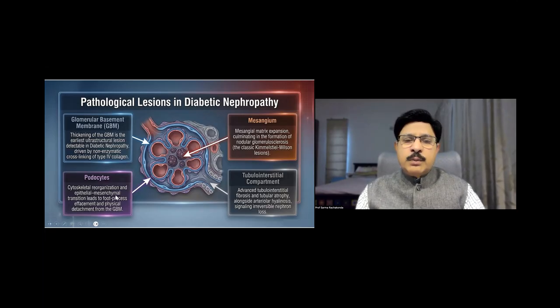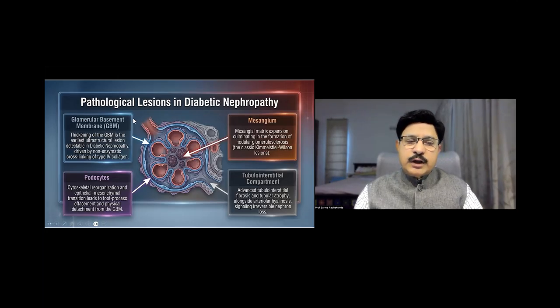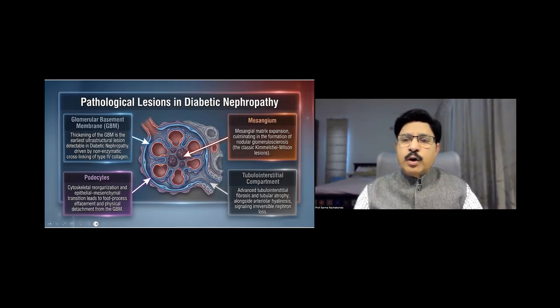Leak occurs, proteinuria occurs. Third is mesangial matrix expansion culminating in nodular glomerular sclerosis, the classical Kimmelstiel-Wilson lesions. So glomerular basement membrane thickening, then podocyte effacement, and KW nodules are there. And there could be some tubulointerstitial changes also.